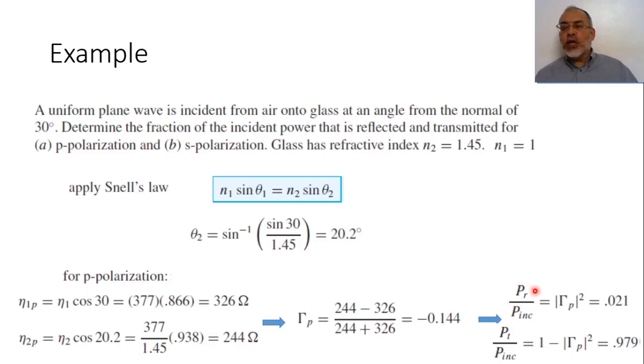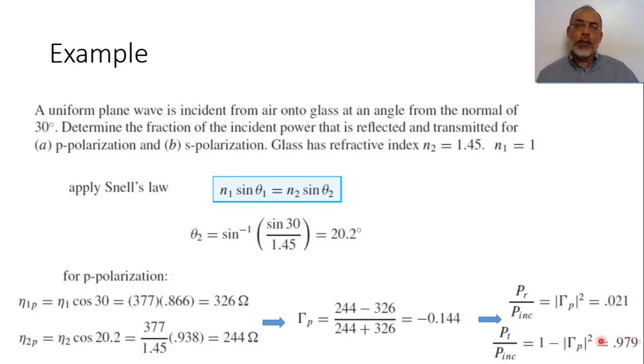If this is the reflected to incident ratio, then the transmitted to incident ratio is 1 minus this value, because the incident power is either reflected or transmitted. So the transmitted power to the incident power would be 1 minus gamma parallel squared. Gamma parallel squared is 0.021, so the ratio of transmitted power to incident power is 0.979, and this is dimensionless because these are ratios.